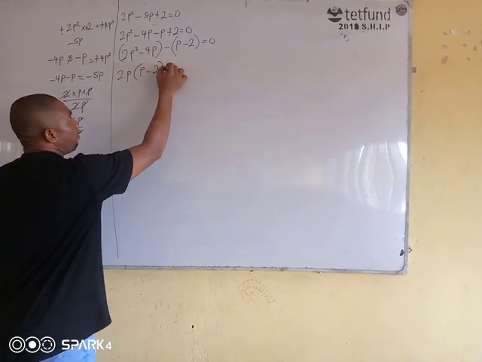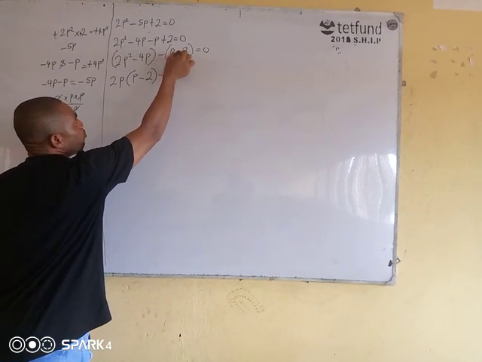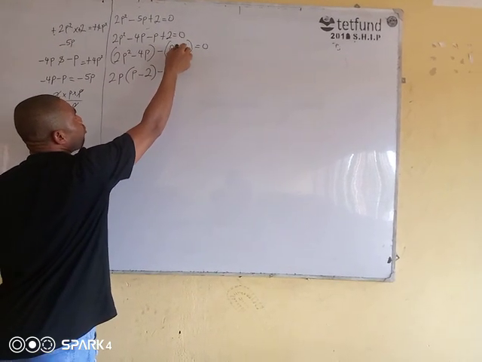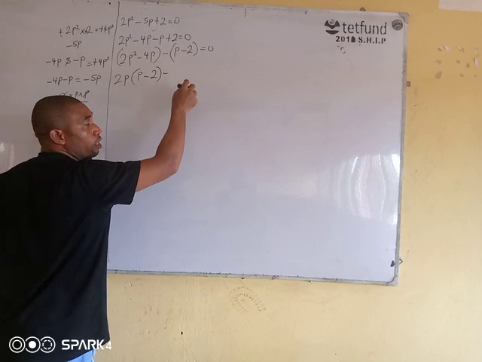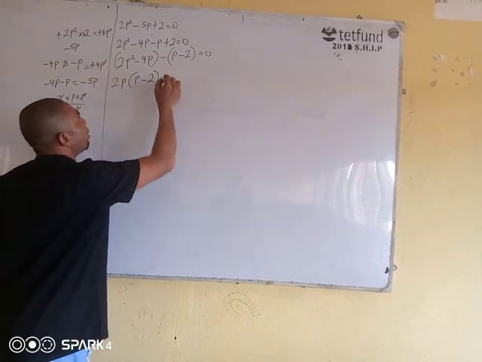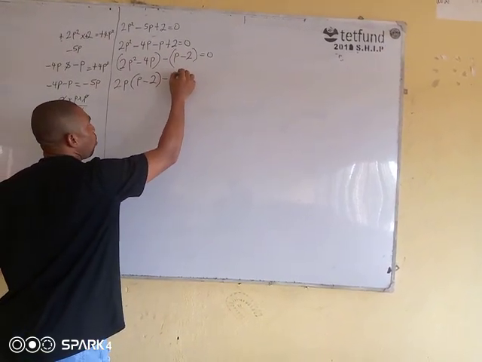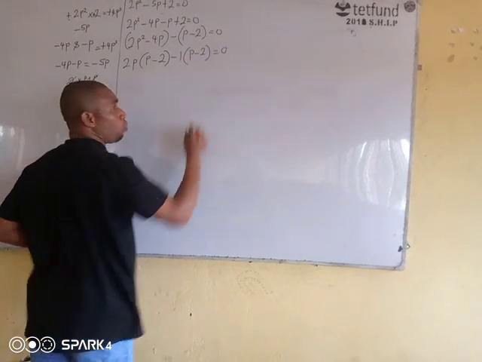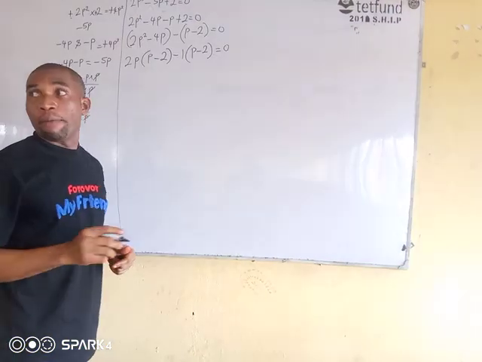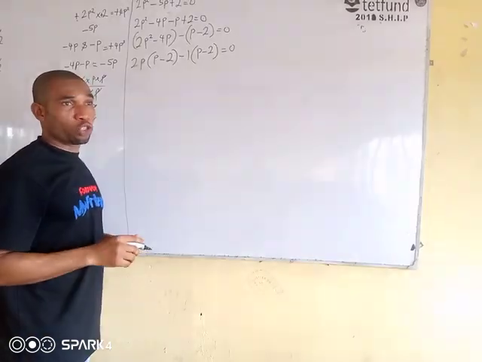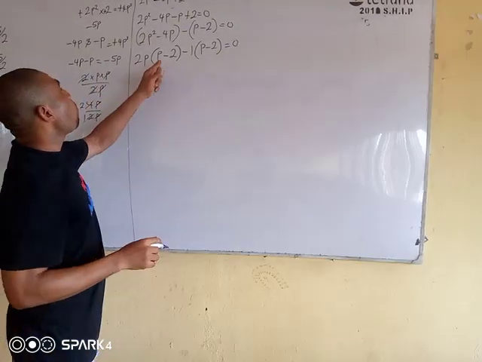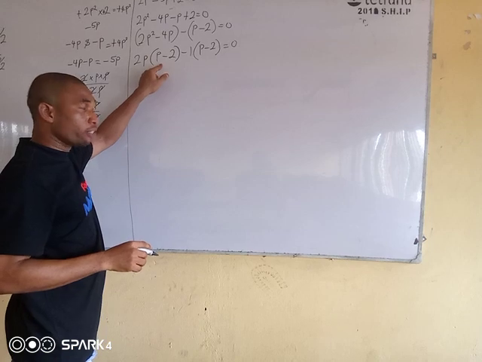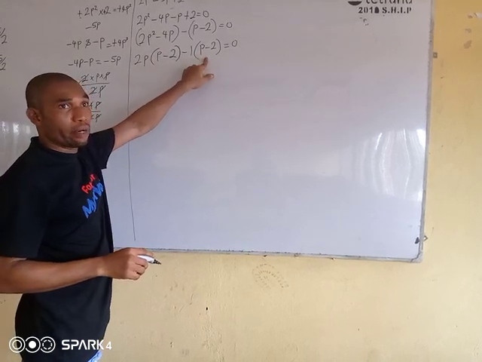Close the bracket. Minus. What is the factor of these two terms here? The common factor is 1. And I'm going to have 1, open bracket, p minus 2 is now equal to 0. Remember, whenever you are solving quadratic equation by factorization, whatever thing you have in this bracket must be the same thing you have in this bracket.